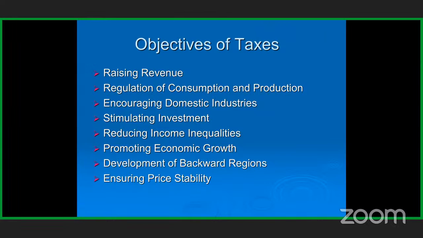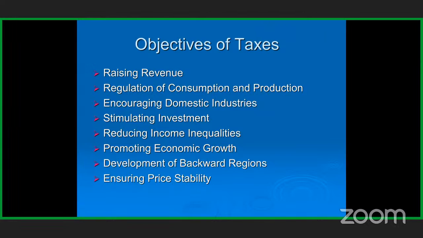And one more objective is to stimulate investment in the economy and to reduce income inequalities. So the income tax, if it is progressive, as the income increases, the tax rate also increases.